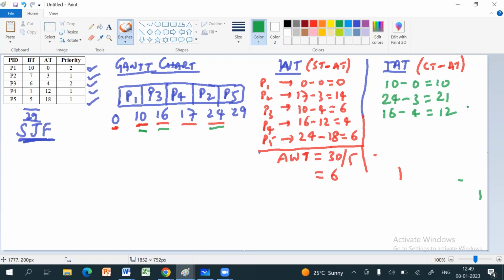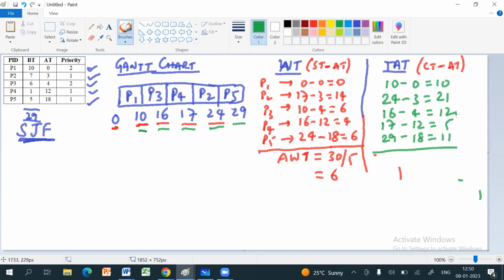Then P4 completed at 17. So 17 minus 12, which is 5. And similarly, P5 completed at 29. So 29 minus its arrival time of 18, which is 11. Compute the average turnaround time, which is the sum of all this divided by 5.